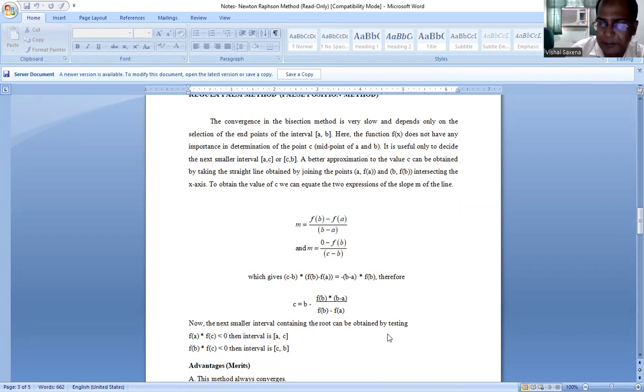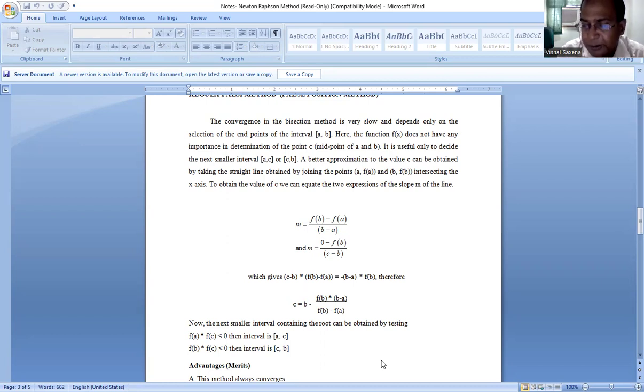Now there may be two further possibilities for the next interval. The next smaller interval for this root can be obtained by checking two conditions. First condition: if fa into fc is less than 0, meaning it is negative, then the root will lie in the interval a comma c.